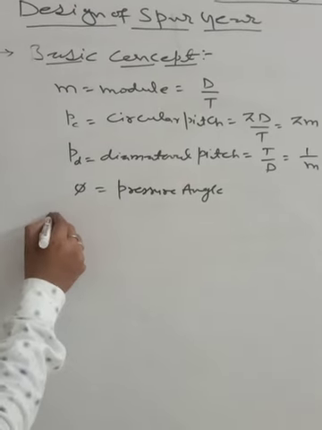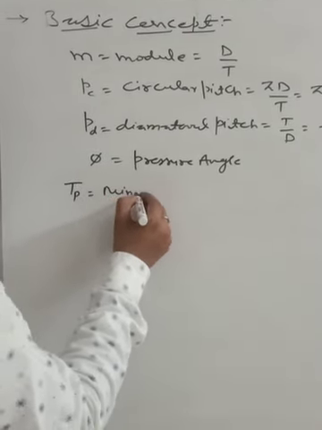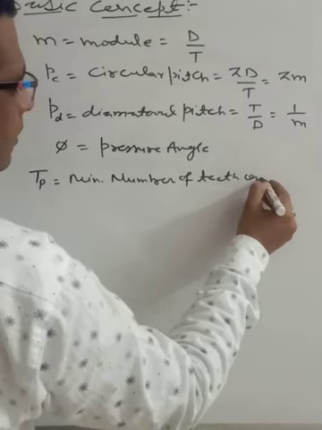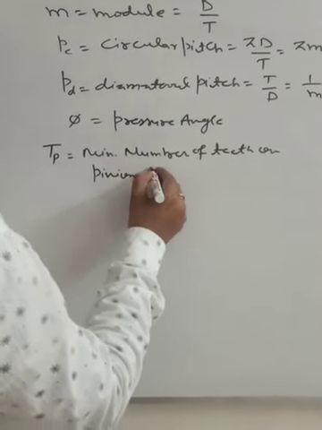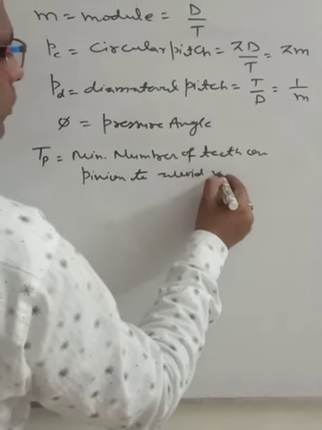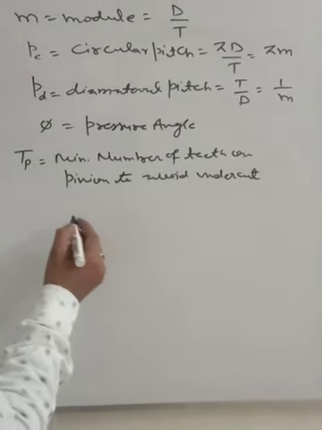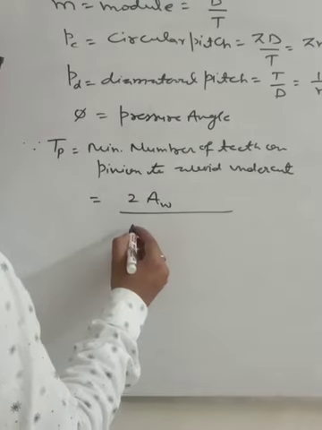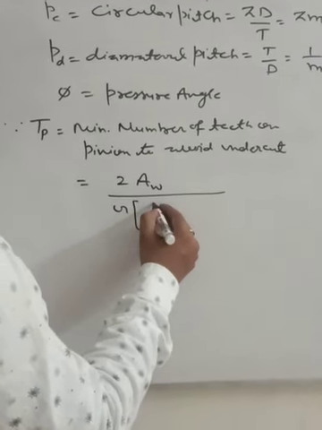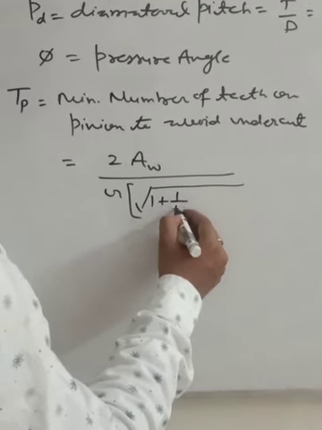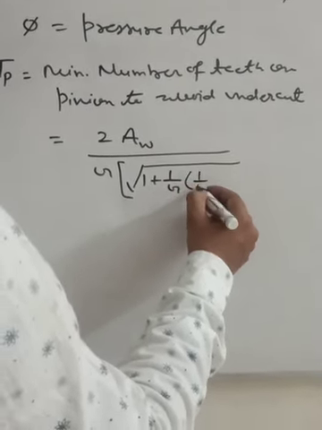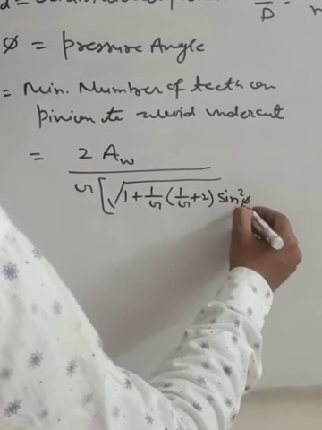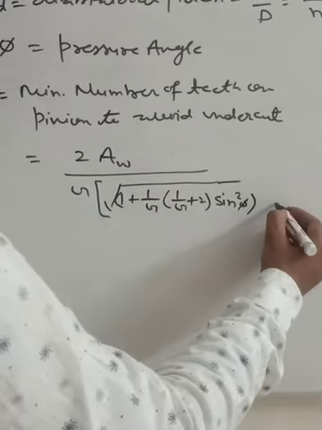Then Tp, the minimum number of teeth on pinion to avoid undercut, is given by twice AW upon G multiplied by the square root of 1 plus 1 by G upon 1 by G plus 2, into sin square phi, minus 1.